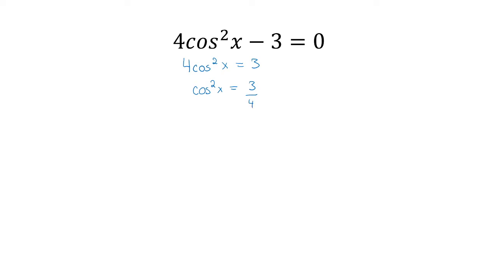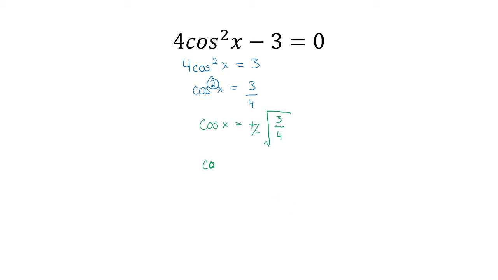Again, you can see that we have the square here, which makes a big difference. And so we're going to take the square root of both sides. Cosine of x equals positive or negative the square root of 3 over 4. This one I need to rationalize again, but this time I got a perfect square in the denominator.